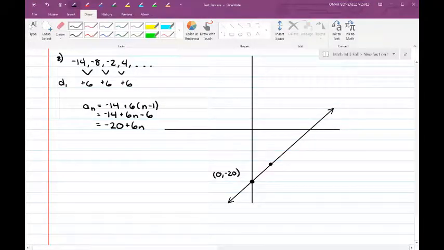Those points should have been so easy because you get them from your sequence. So the first point is going to be what? And that's it. If you wanted to do the next one, you could. But that was it, guys.